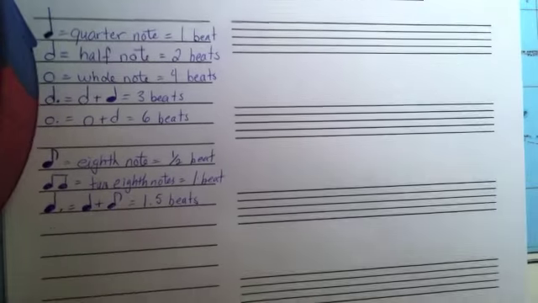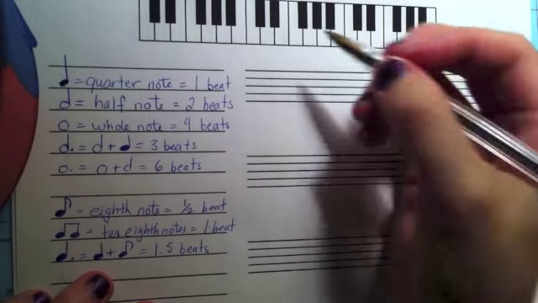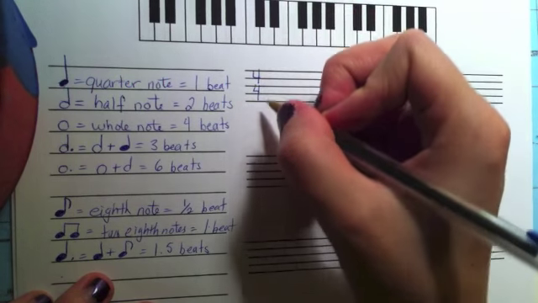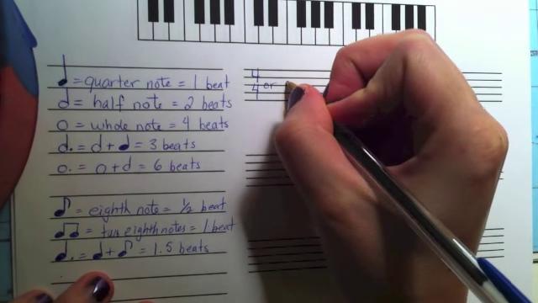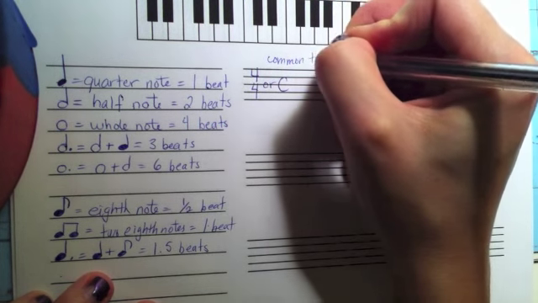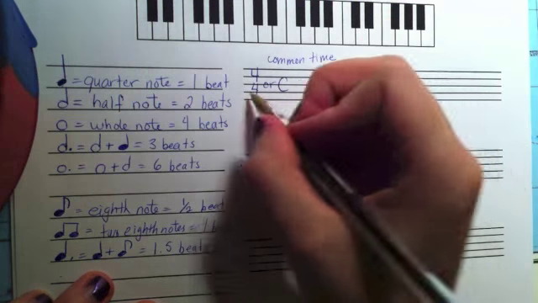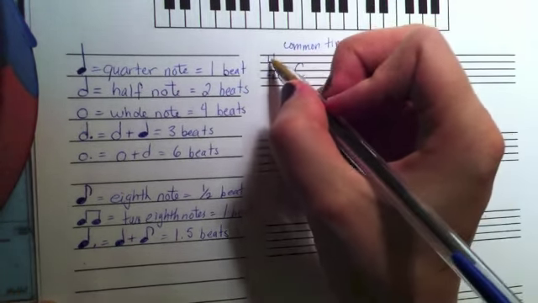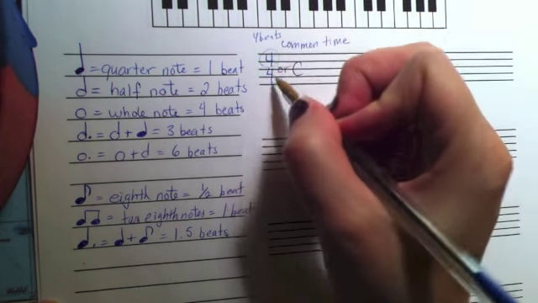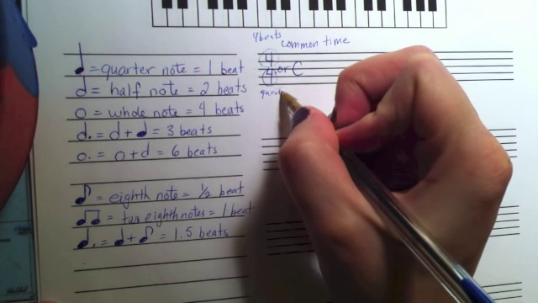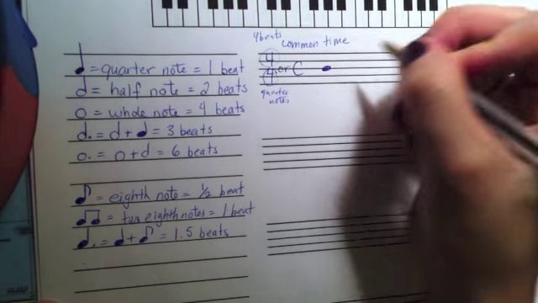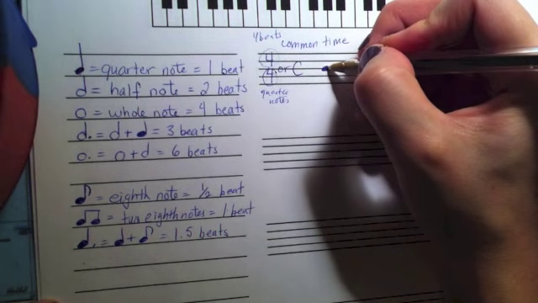Okay, let's use this in a time signature. The most common time, which we call common time, is 4/4, or C, which stands for common time. It means that we have 4 beats of quarter notes per bar, and bars are just divisions with a line.